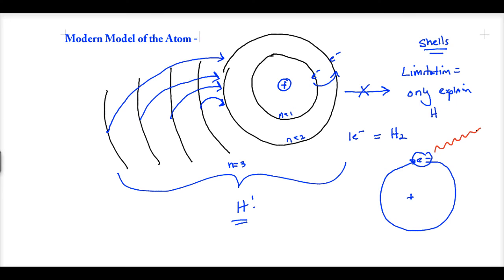But the point being is that electrons, if they move, they're going to give off energy if they're charged. We know this. So if you're giving off energy, that means the electron's going to lose energy and it's going to eventually slam into the nucleus. And that doesn't happen. So we needed to change the model.